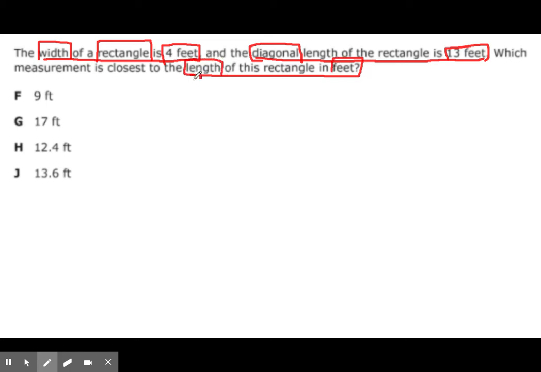So the first thing, since it didn't give us an actual diagram, let's draw and create our diagram. I know I'm dealing with a rectangle, so hopefully we all know what rectangles look like. So here is a rectangle, and it's telling me the width of this rectangle is 4 feet. So it's giving me this dimension right here, this distance from here to here is 4 feet.